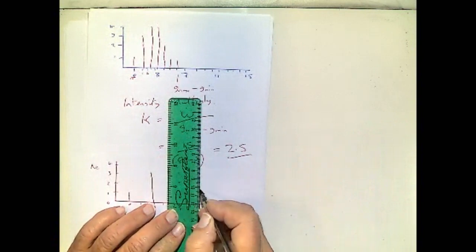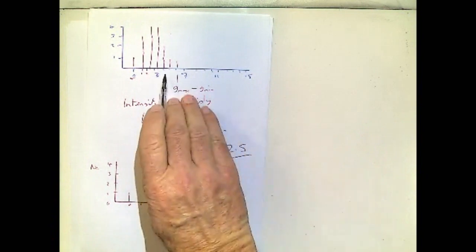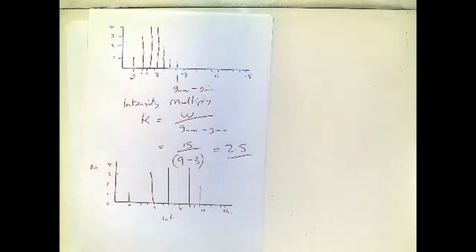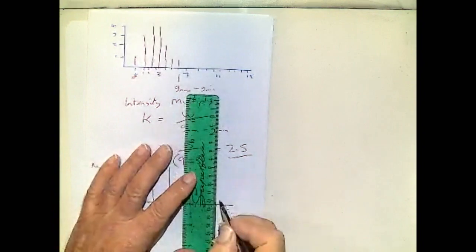So that will be 4 there, 2 there. And we've got 1 at intensity 5. Intensity 5 times 2.5 is 12.5. Do you want it to be 12 or 13? Go for 13. There is some approximation you can see through the roundup. So that one goes to 13.